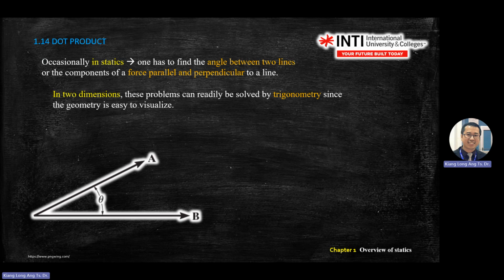Vector A also split into y-axis and x-axis. Who doesn't know how to split A? What is the y-axis component for A?